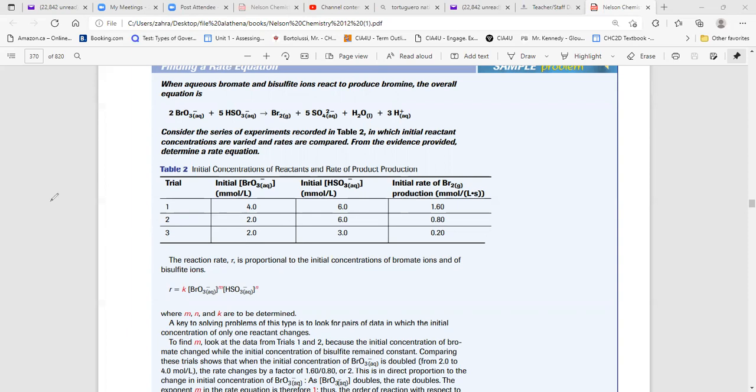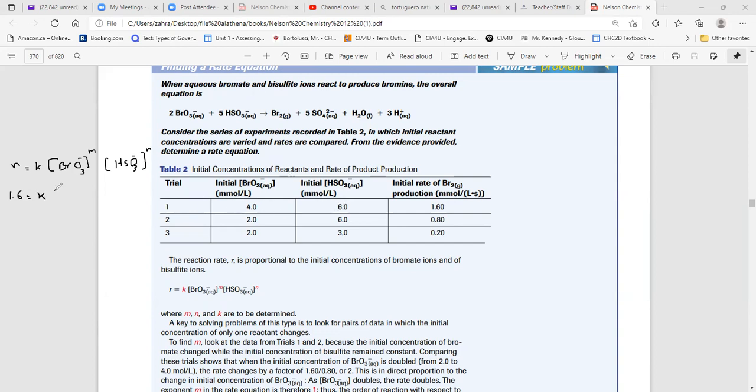So I put that here: R equals k, BrO3 to the power of m, and HSO3 to the power of n. The rate for the first one is 1.6. Here is k.